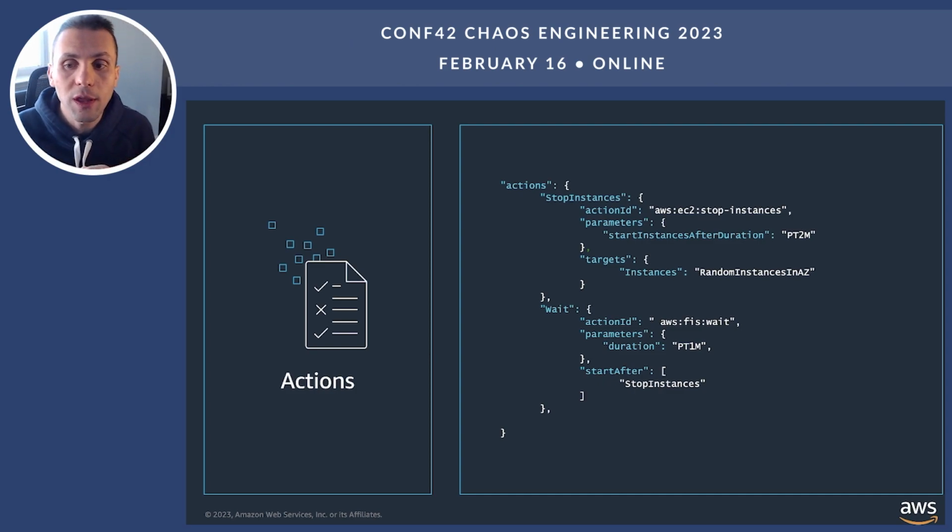It's also worth noting that some host level actions on EC2 instances are performed through the Systems Manager Agent. The Systems Manager Agent is software that is installed by default on some versions of operating systems, such as Amazon Linux and Ubuntu images, and you can find that information in the SSM or Fault Injection Simulator documentation.